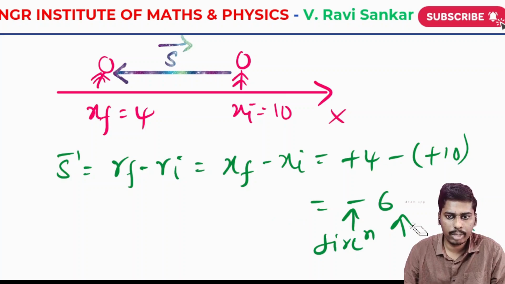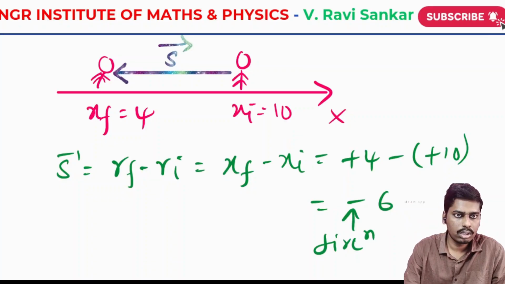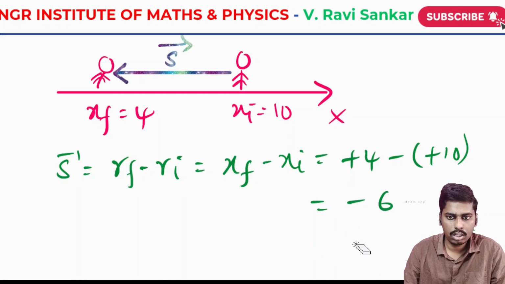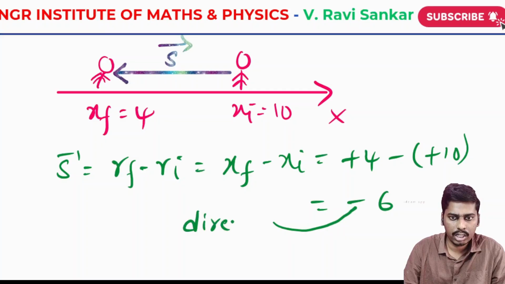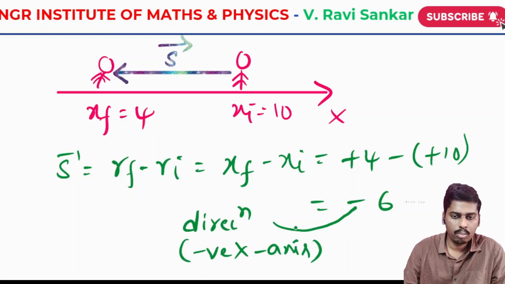Minus denotes the direction, that is negative x-axis. I want to write here towards negative x-axis.